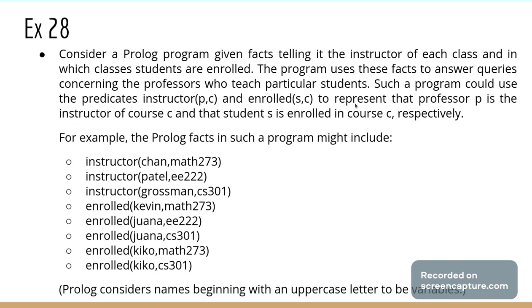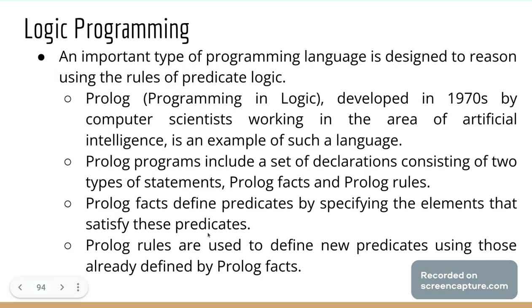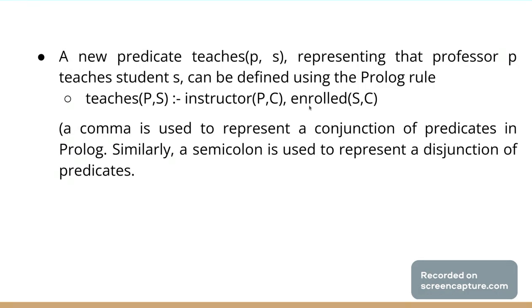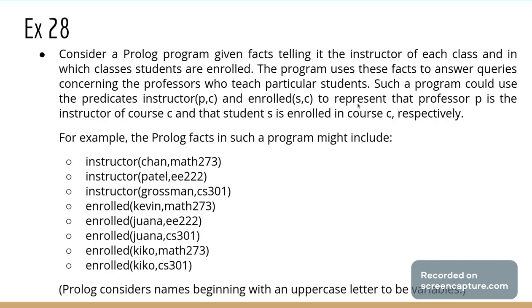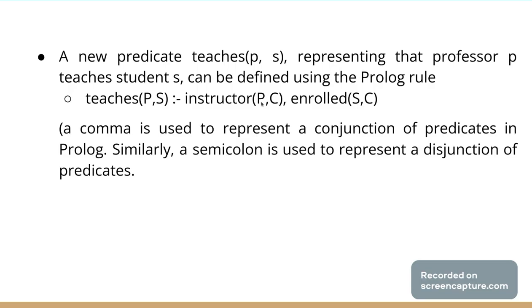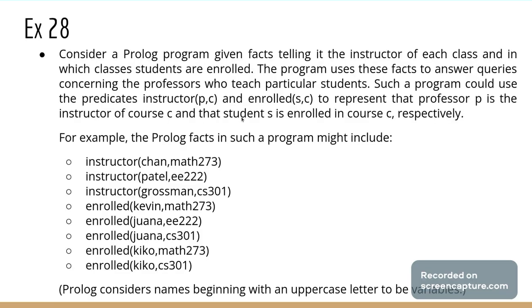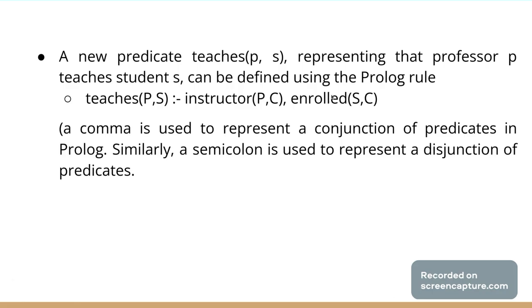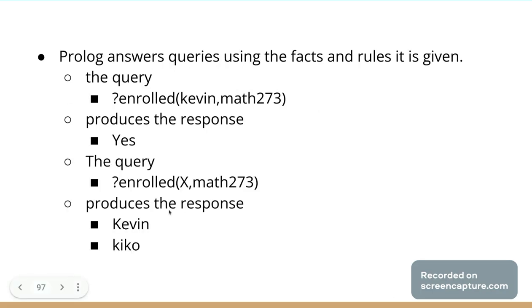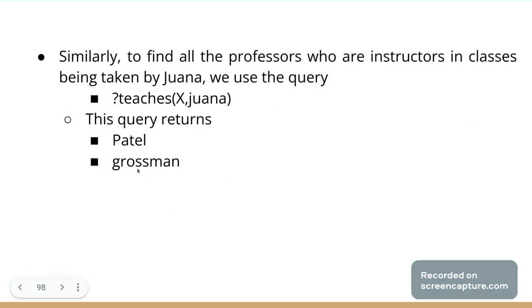Joanna is enrolled in EE 222 and CS 301. Now we need to look at who the professors for those two courses were. EE 222 was Patel and CS 301 was Grossman. So when you look at the AND of these two, you get the response Patel and Grossman.